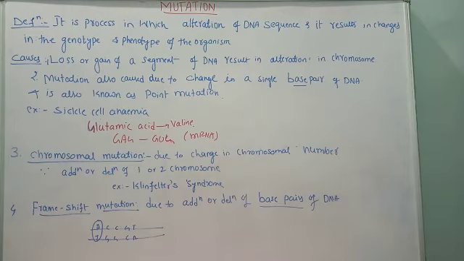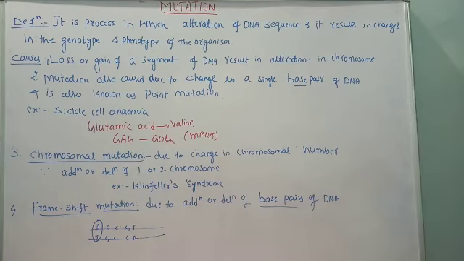As I told you, in the previous method only one base pair is altered or replaced, and that is called point mutation. But sometimes one pair or more pairs of base pairs are added or deleted, and that causes a frame shift mutation.